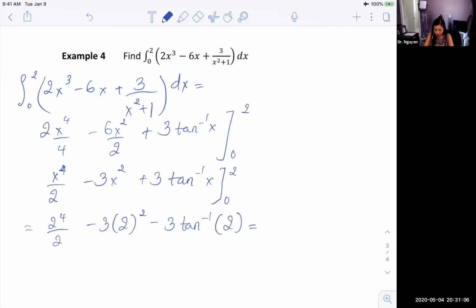Okay, and then for 0, we're going to get 0. So let me just put 0 there. To simplify it, I ended up with negative 4 plus 3 arctangent of 2. Of course, you can use the calculator to figure out that number, but I'm just going to leave it for now. This is the exact value.